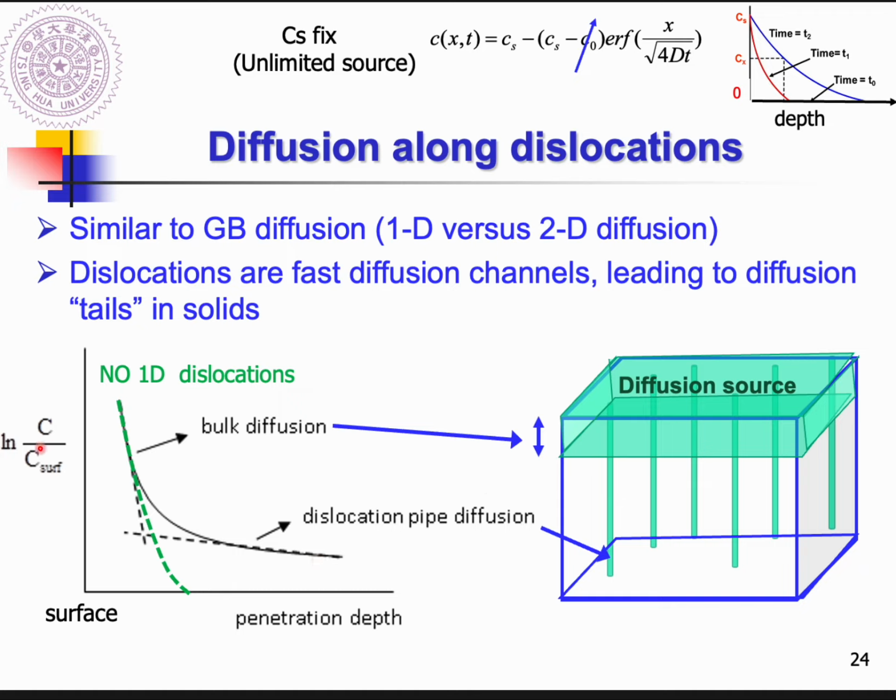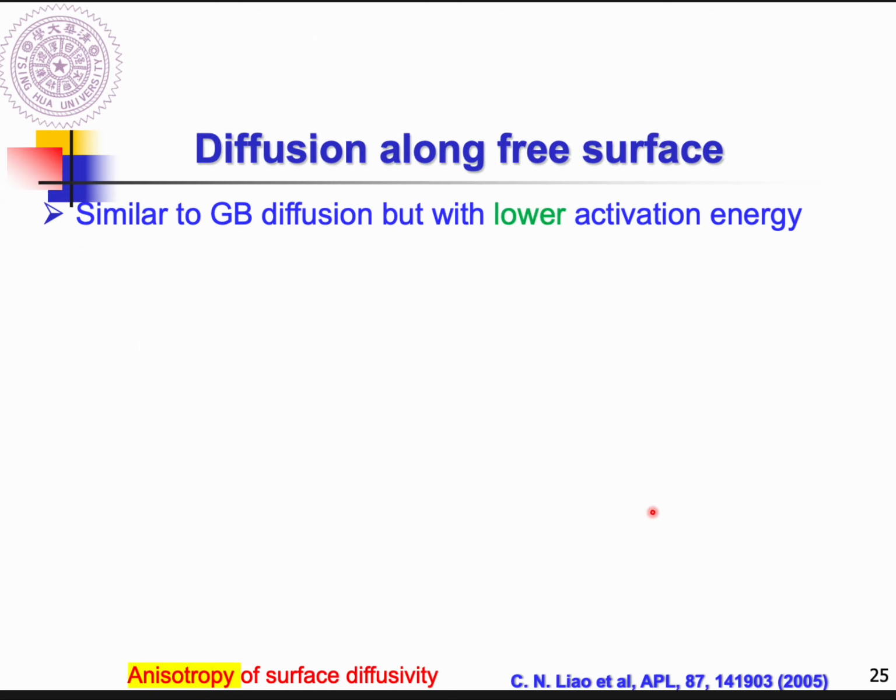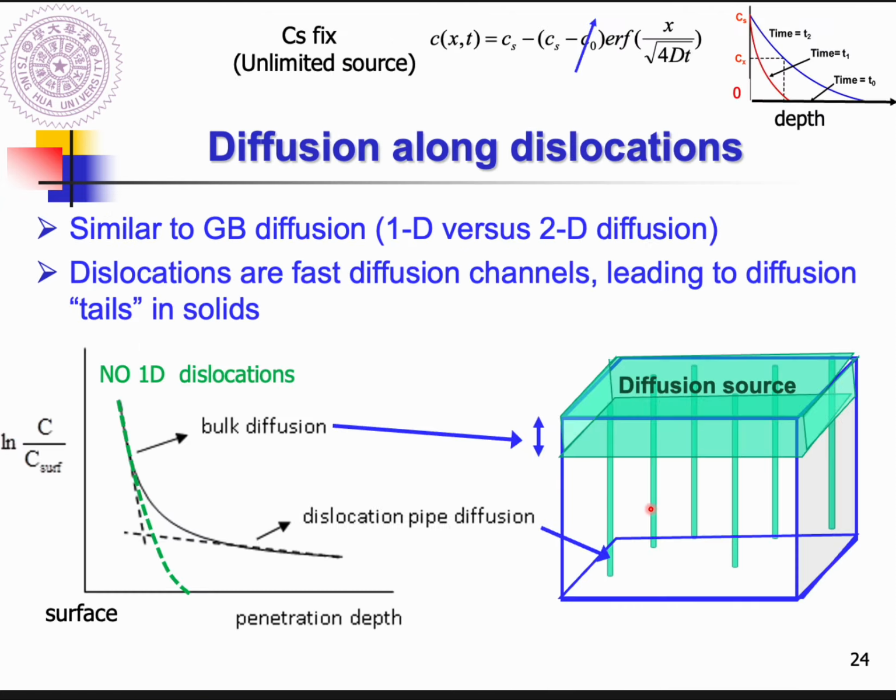You measure the concentration of diffusing atoms as a function of depth. Then if you observe this tail, you can find, oh, we have some dislocations perpendicular to our surface. Okay, and this is the experimental observation of diffusion along dislocations.